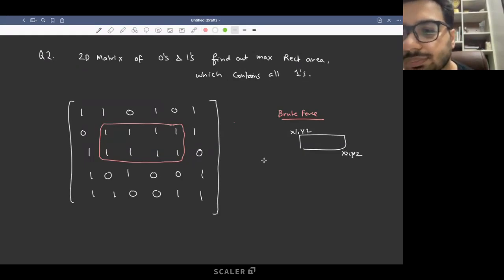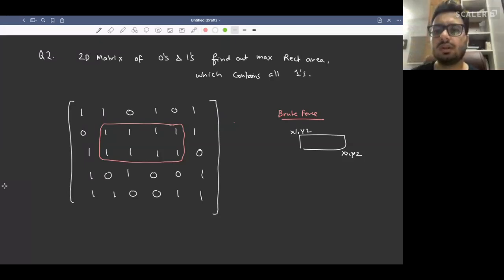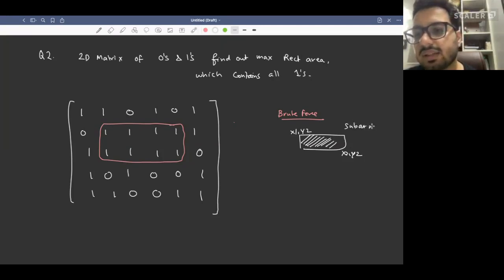Yes or no? Look, generate all possible rectangles, all possible subarrays, right? And then check whether they contain ones or not, right? So generate a subarray and iterate on this to check that okay, if this rectangle is of size 8, then does it contain 8 ones or not?